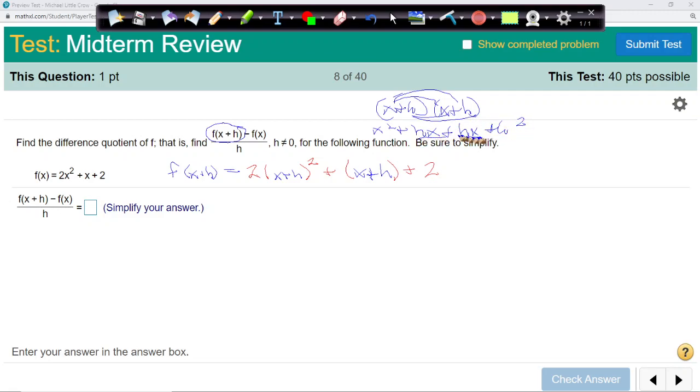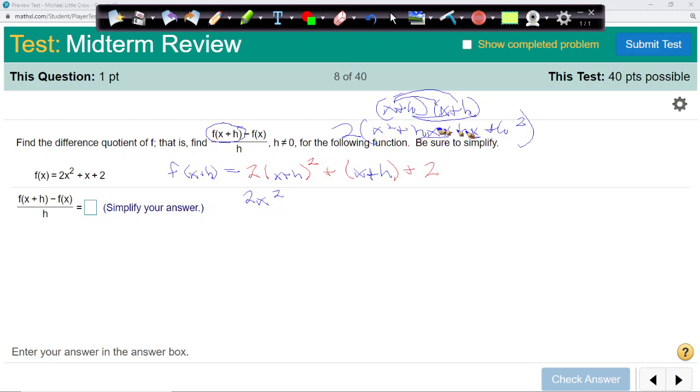Middle terms combine into 2hx, and then we multiply everything by 2, because there's this 2 on the outside. So I'm going to distribute that 2, and we get 2x squared.